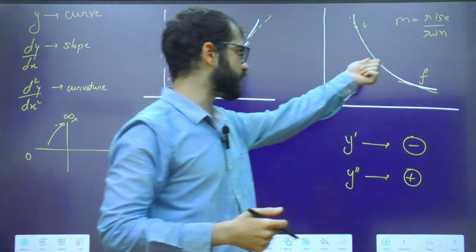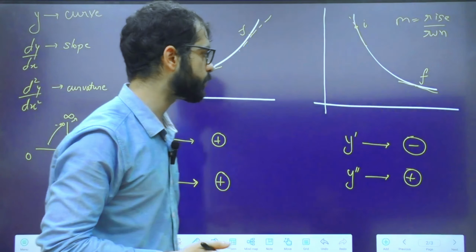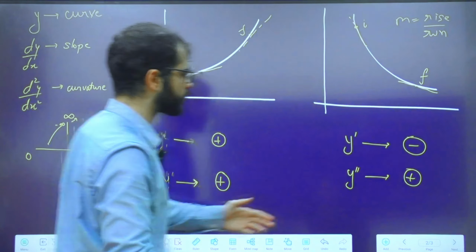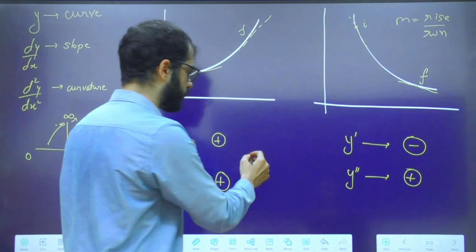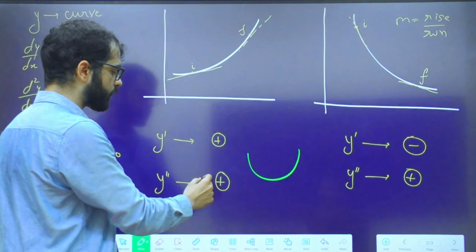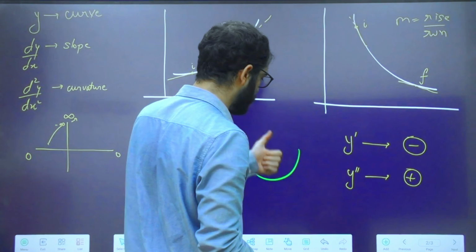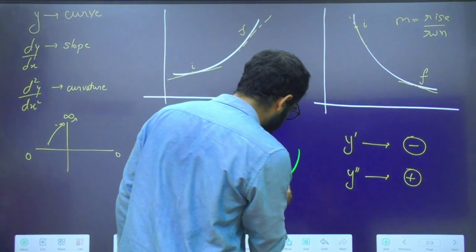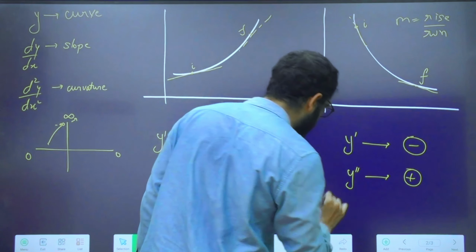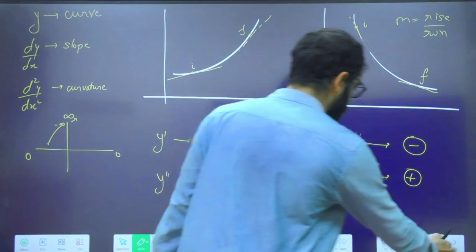Because it's increasing, d2y by dx square will be positive. That is the reason why when d2y by dx square is positive, we get minima, because it is an upward open parabola. Because d2y by dx square represents open upwards, I'm going to get the minimum value at this point.